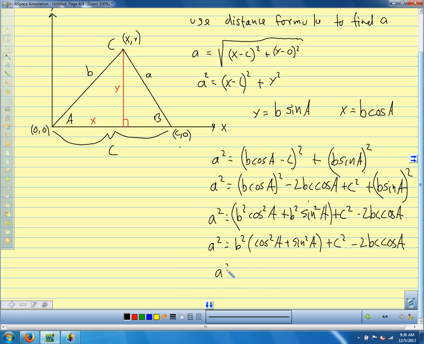So I get a squared equals b squared plus c squared minus 2bc cosine A. And there's my law of cosines. Using the Pythagorean theorem, using a little bit of trigonometry, using a trig identity, and we get the law of cosines. Kind of nice. So now this doesn't have to be a mysterious formula that just appears. We have an idea of where it comes from.